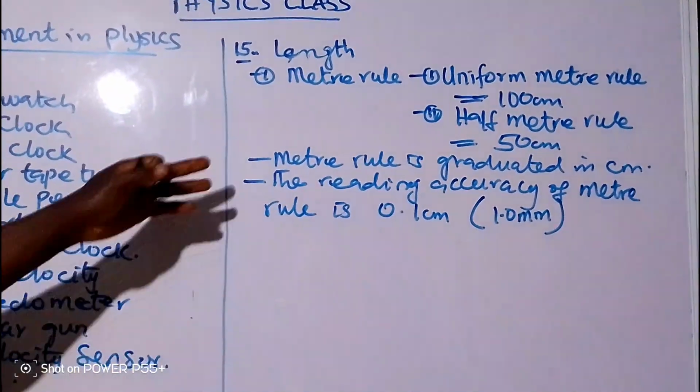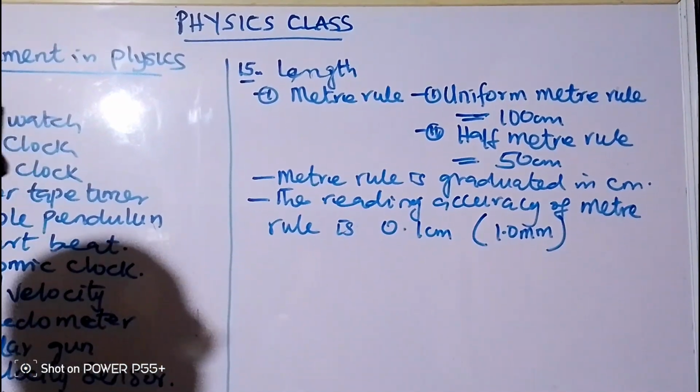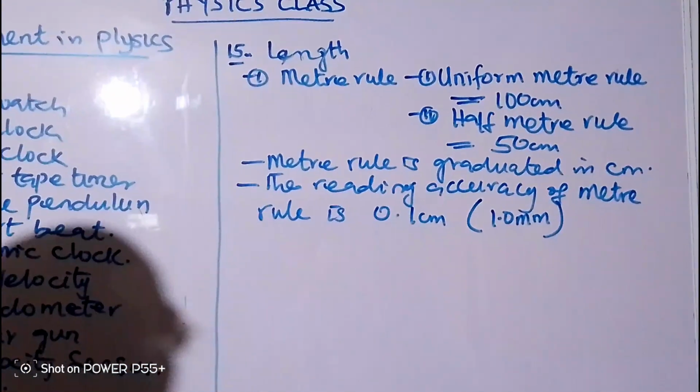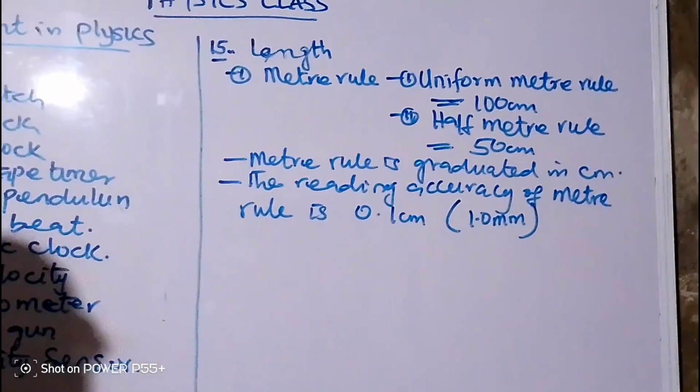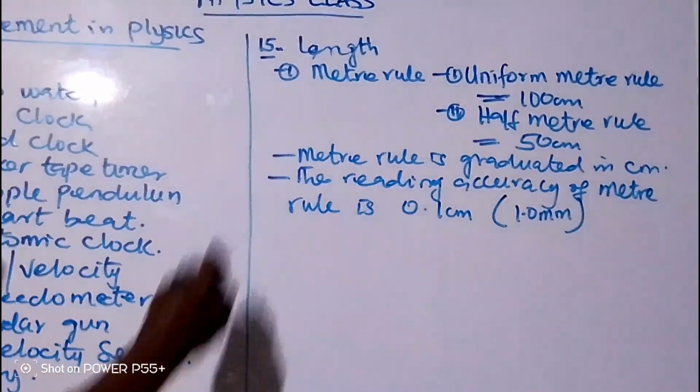Since it is graduated in centimeter, 0.1 centimeter converted to millimeter, multiplied by 10, will be 1.0 millimeter. That's the reading accuracy.